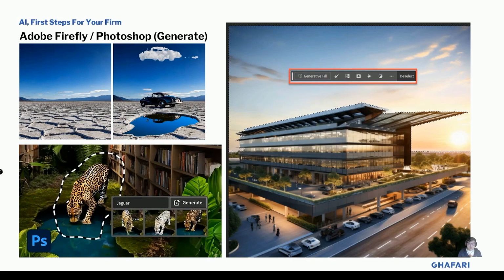You can see here the vehicle, the car has been added into this image, and also an animal, a cheetah, was placed in, based on the context. And in this one, the sky has been replaced. However, it completely blends in based on the context of the rendering.